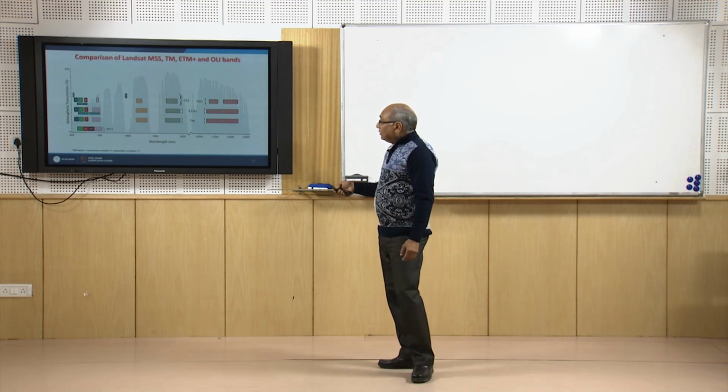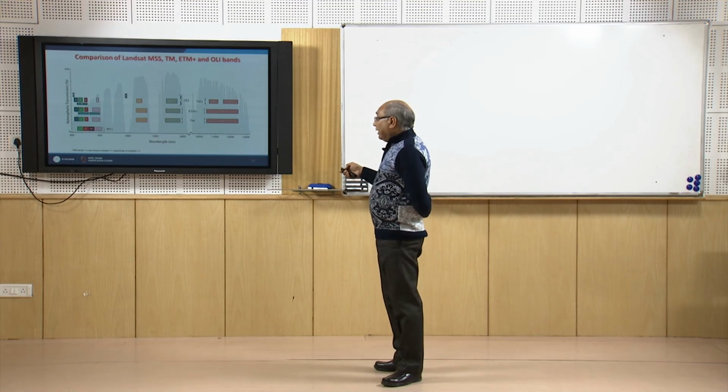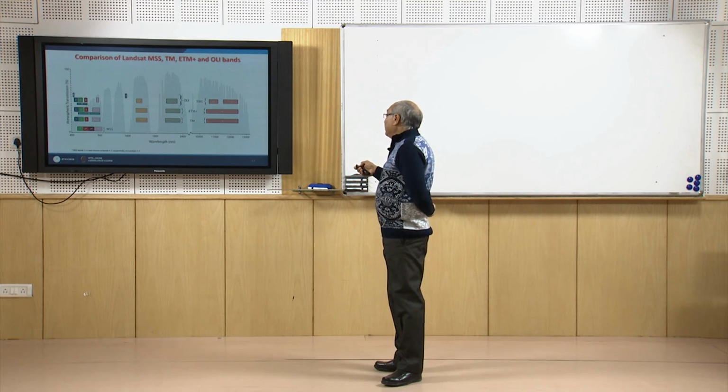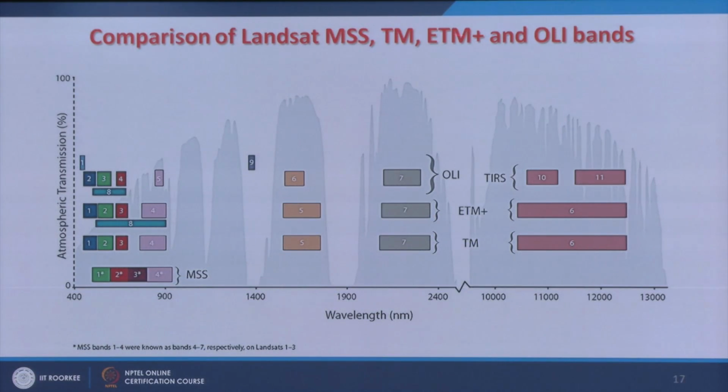That makes the difference here. Here is the example: MSS, TM, ETM plus and OLI. Whatever the Landsat series of satellites so far, all 4 types of sensors are covered in this. In the background, the gray shades show the areas where we have atmospheric windows. The white areas in the background are the opaque areas.